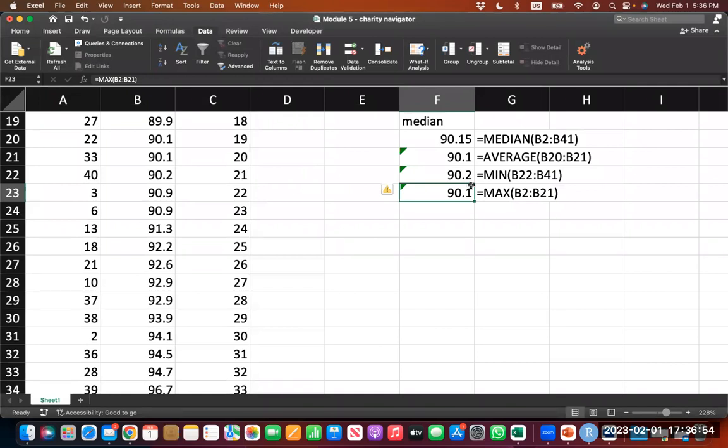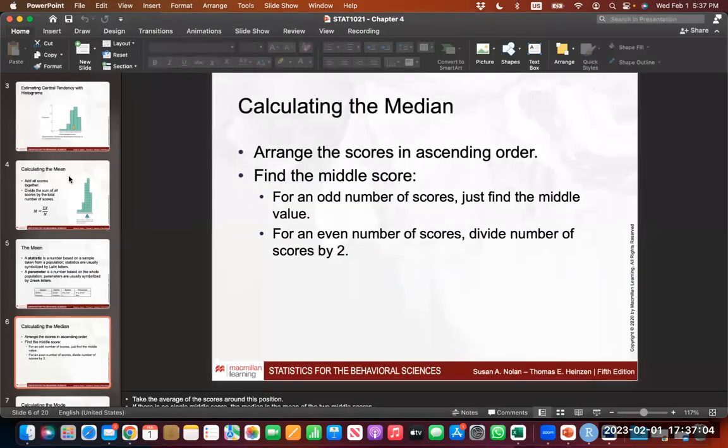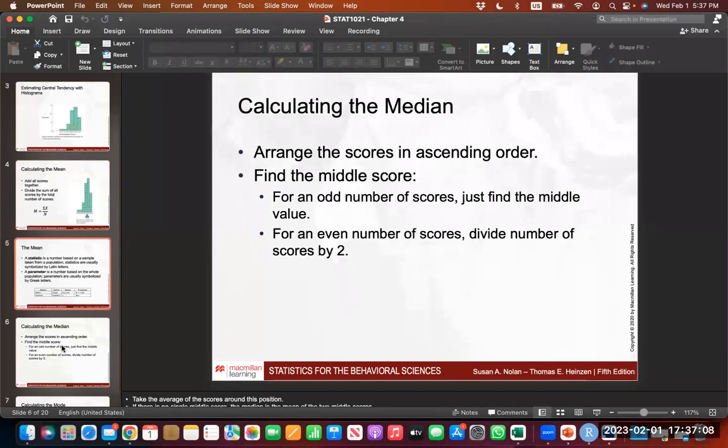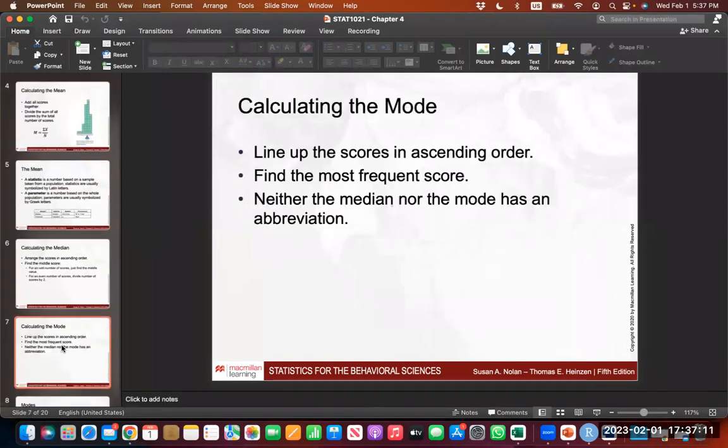So if you do it that way, you get that median that allows you to describe the center of your distribution. So why is the median a good measure? Because the median, at the end of the day, has a huge advantage over the mean, and we'll talk about this in more detail.